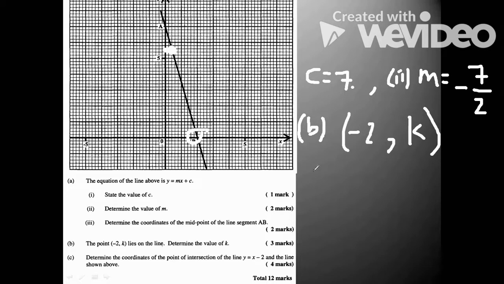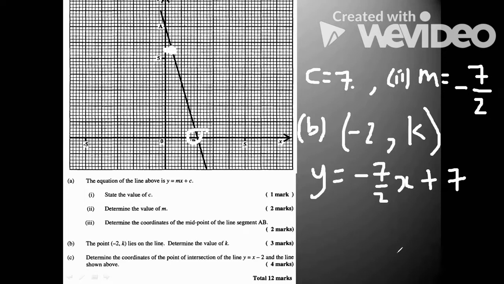Now the equation of the straight line is y equals mx plus c, where m is negative 7 over 2 and c is 7.